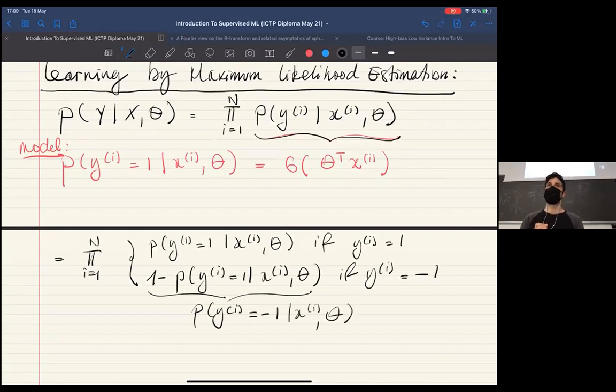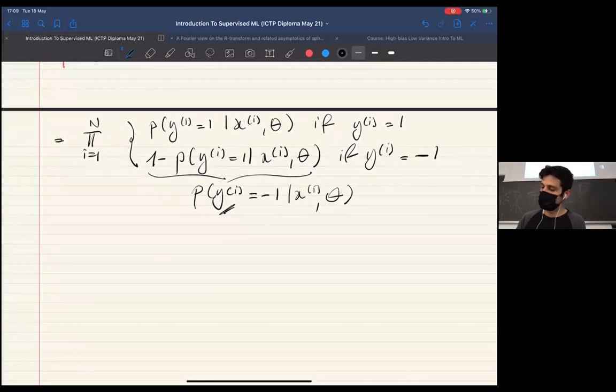And one way to write that in a compact way, remember, the y's here are fixed. They are fixed by your training data, and the x's as well. So they're just numbers that are fixed. One compact way to write what I just wrote is to write this.